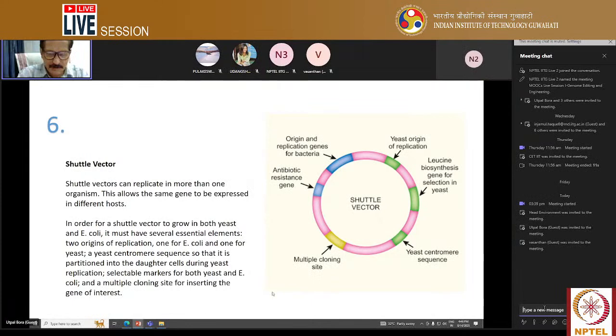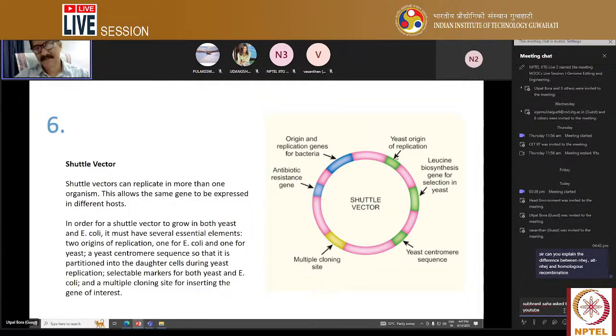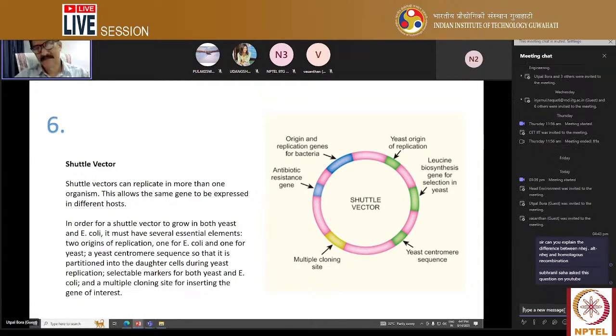Particularly, it will have two origins of replication. As you can see, here is an origin of replication for bacteria. So this is one. Other is the yeast origin of replication. This will come into action when the vector is inside the bacteria, and this will come into action only when it is inside the yeast. So it has at least two origins of replication, one for each type of organism.